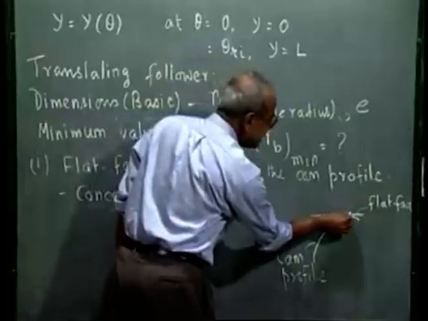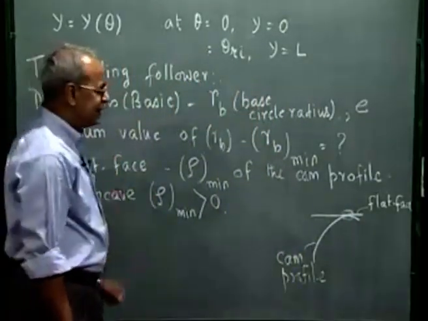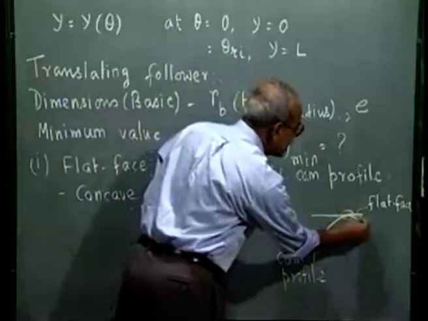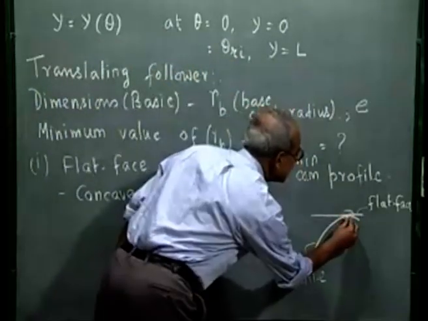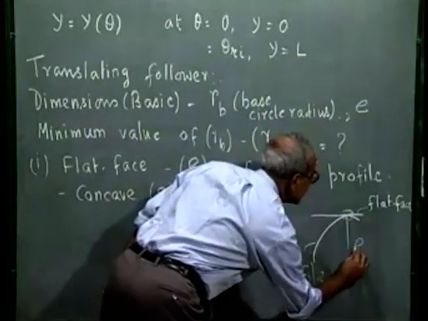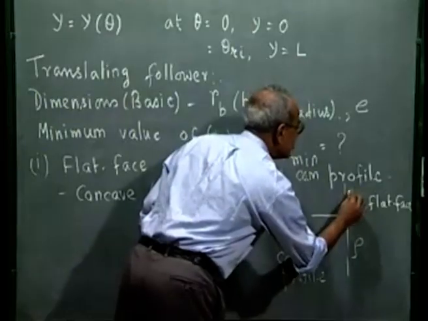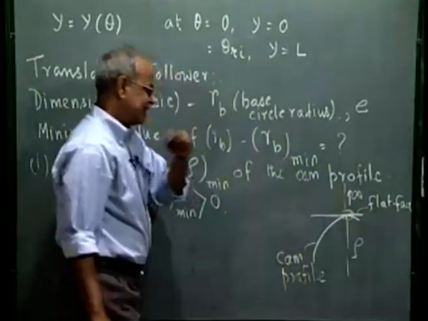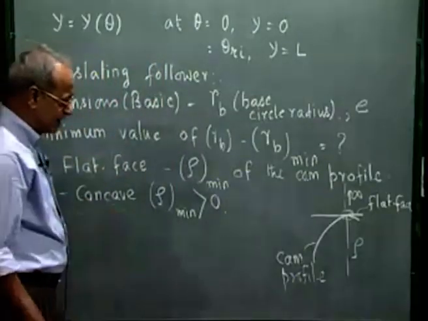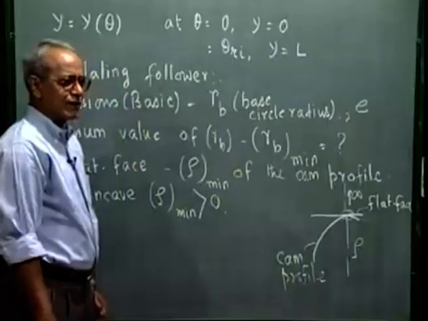Now, the stress here at this contact zone, which we call contact stress, is decided by the radius of curvature of these two mating surfaces. Like here, if this is the rho of the cam profile, and of course for flat face follower, this rho of the flat face is infinite because it is a flat surface. So, the contact stress will be decided by this radius of curvature.